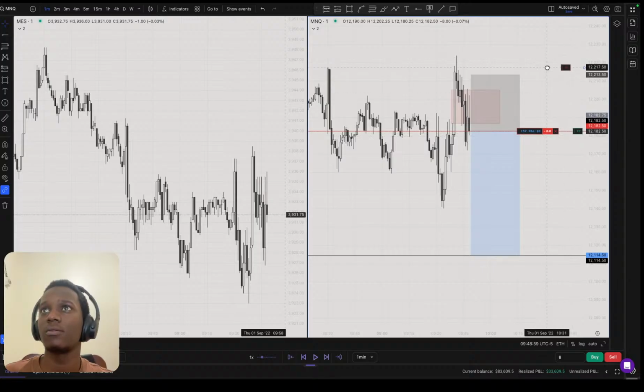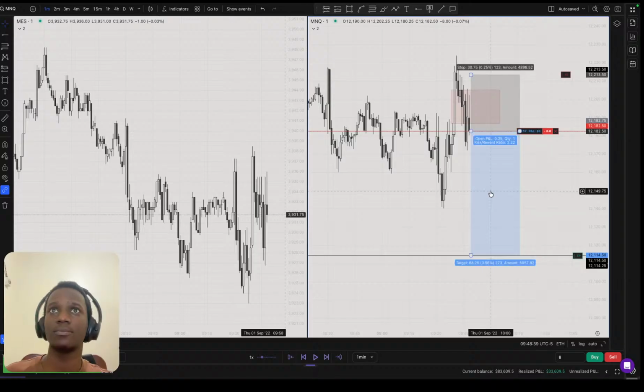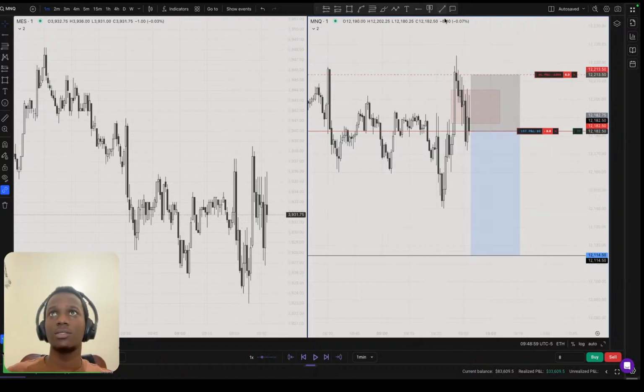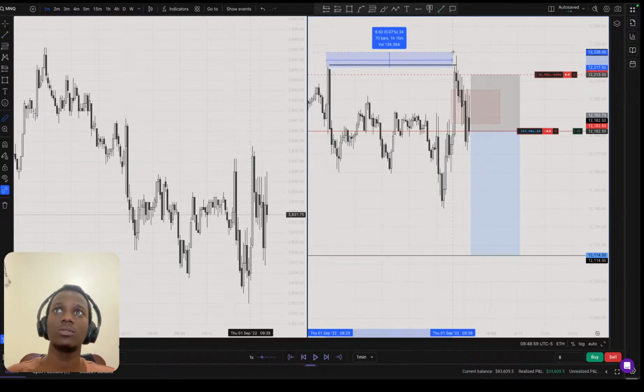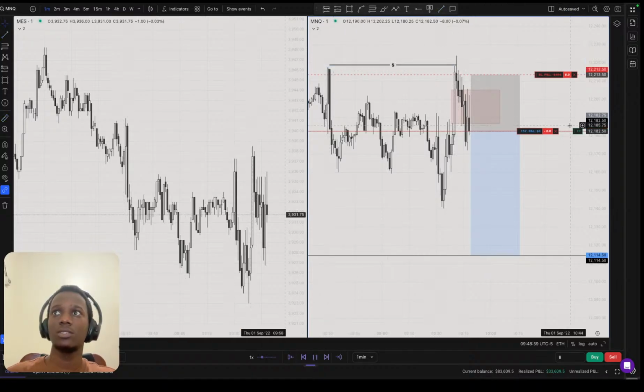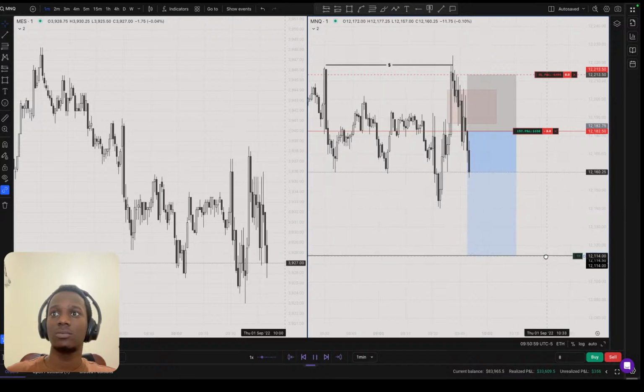Right, the SL will be here, and my take profit will be somewhere around here, and the run on liquidity happened somewhere around here, and it was also an SMT. So let's see if this one hits or if we get stopped out right away.